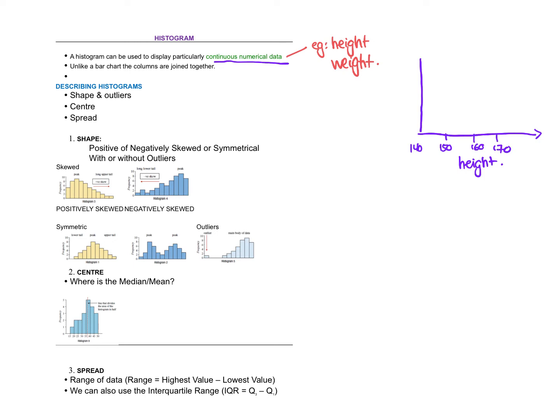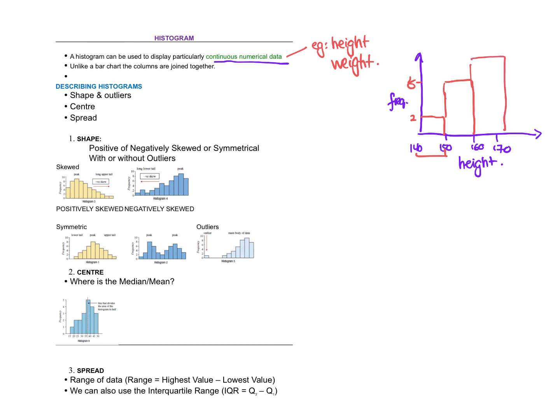Really these become like our categories, don't they? It's like a numerical category. And then along here we might have the frequency. So say maybe only 2 people had that, and then in this height we might say they came to 8. So this is what a histogram will end up looking something like, yeah?